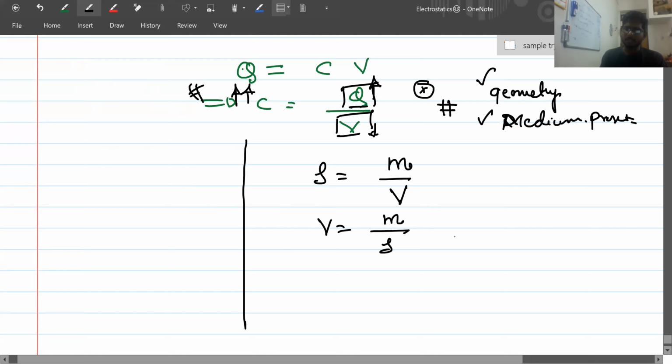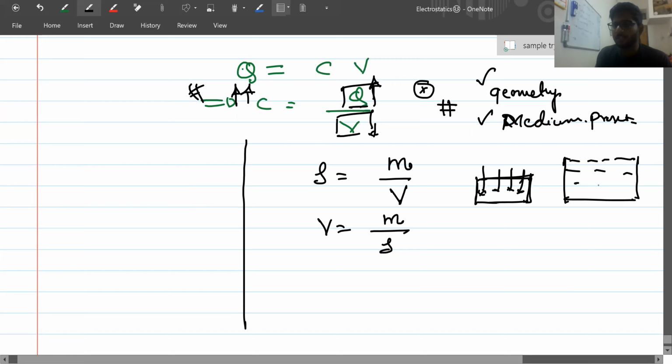Suppose there is a material, suppose water is poured into a container, and then more water is poured into a bigger container. Do you think the density of the water will change?